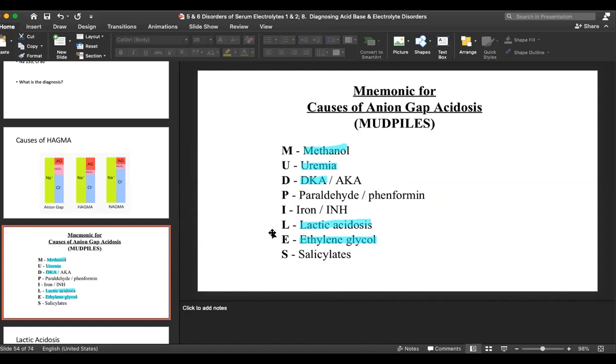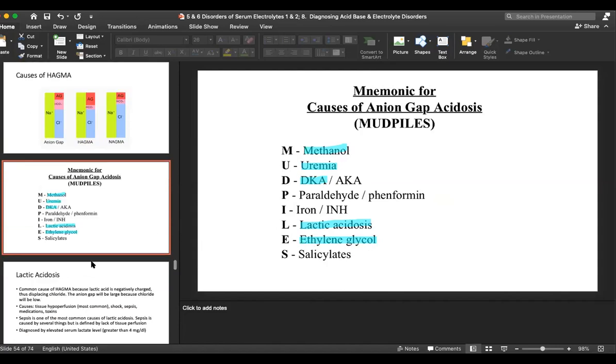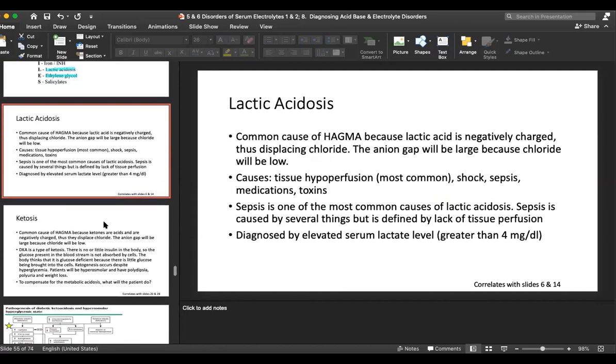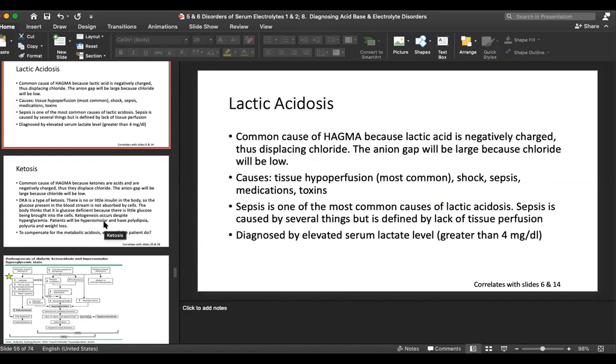I think that these are probably the most important ones to know. Okay, so lactic acidosis is a cause because lactic acid is negatively charged and it displaces our chloride. Usually, you'll see in sepsis, septic shock, a high lactic acidosis.